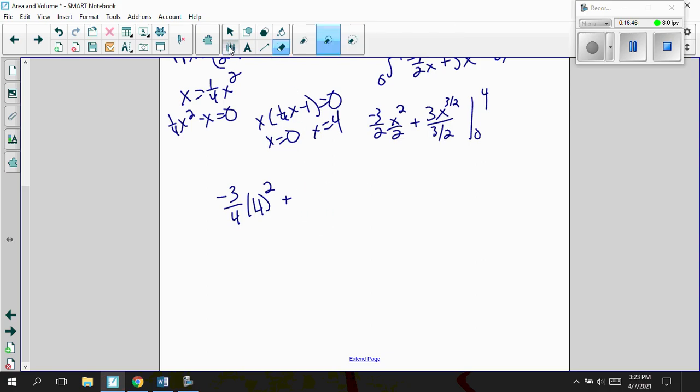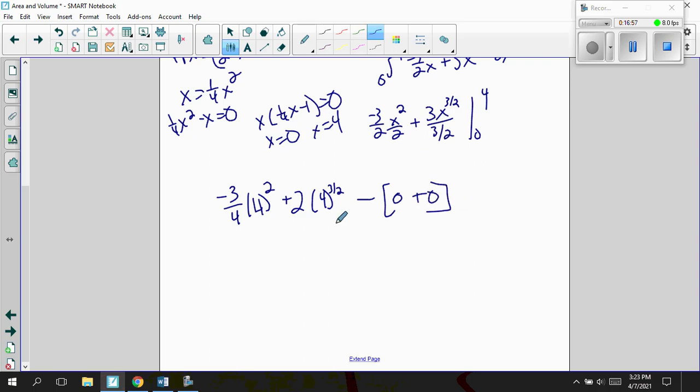Then I'd have 4 to the 3/2, and then minus 0, because 0 to all those powers would go away. Now simplifying, one of these 4s would cancel, so this would be negative 12. So that's how I did that. This would be 16 over 4, since 4 squared is 16, over 4 would just be 4.